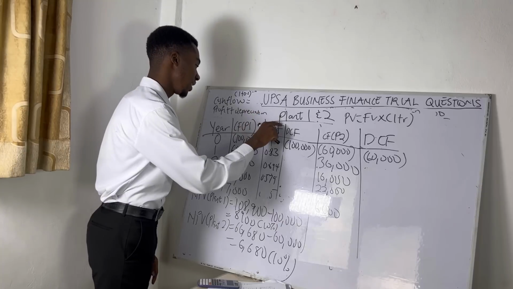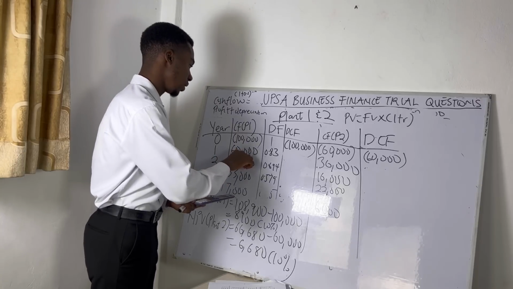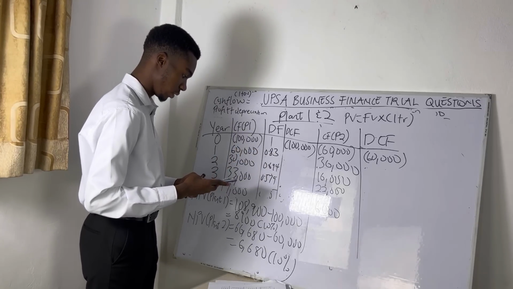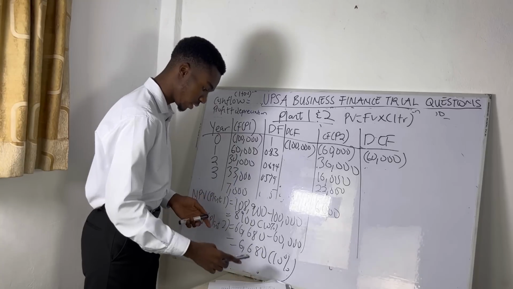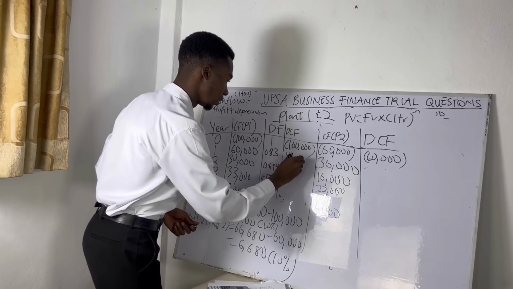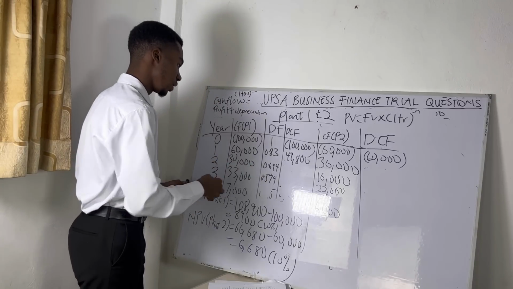So you need to multiply this by this to get the discounted cash flow. For year 1, it's going to be 60,000 times the discount factor, which is 0.83. Times 0.83, we are getting 49,800. Then for year 2, it will be 30,000 times 0.694.